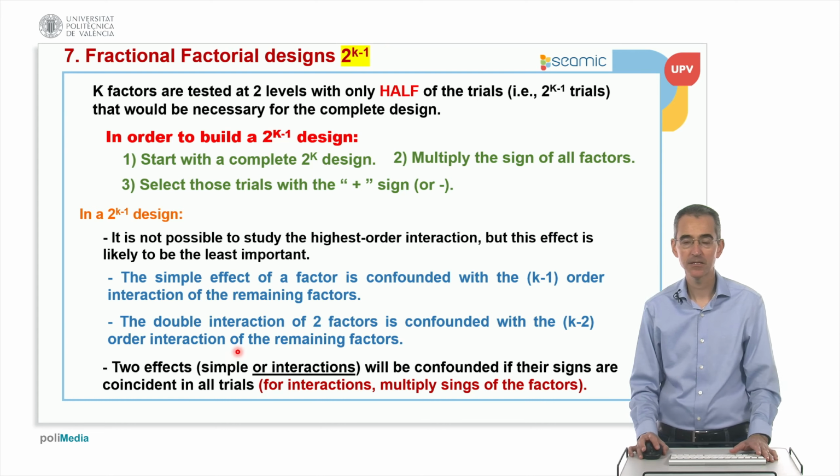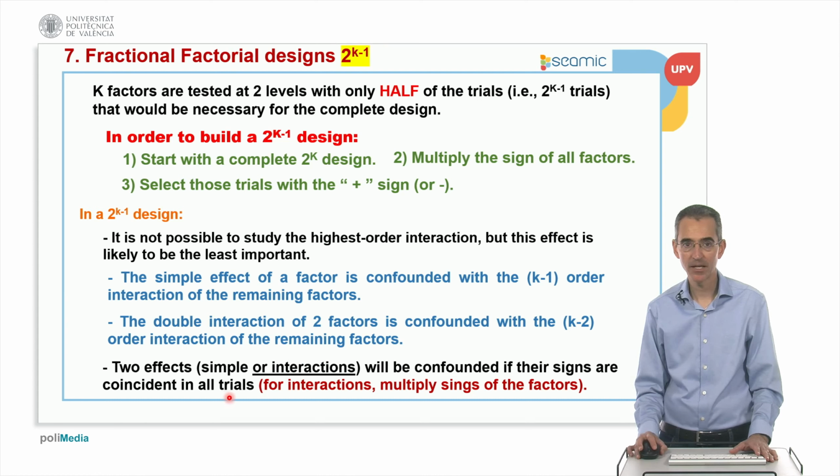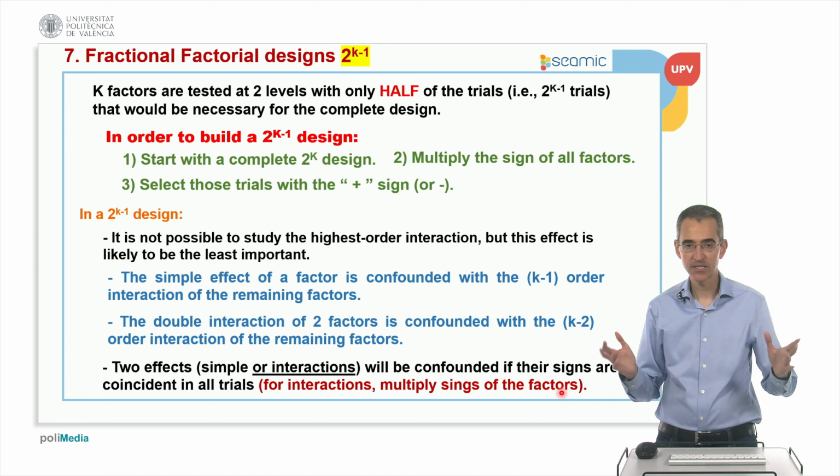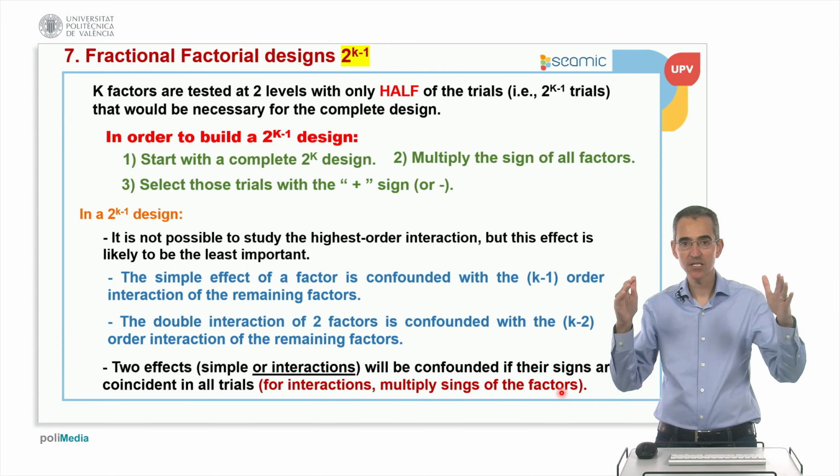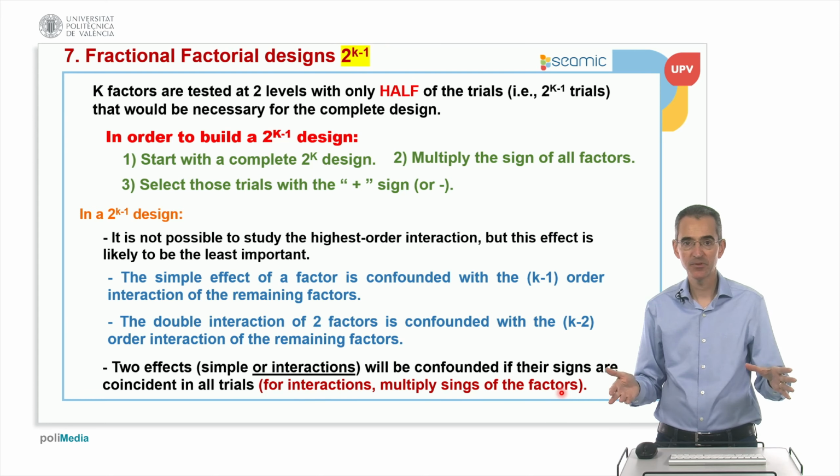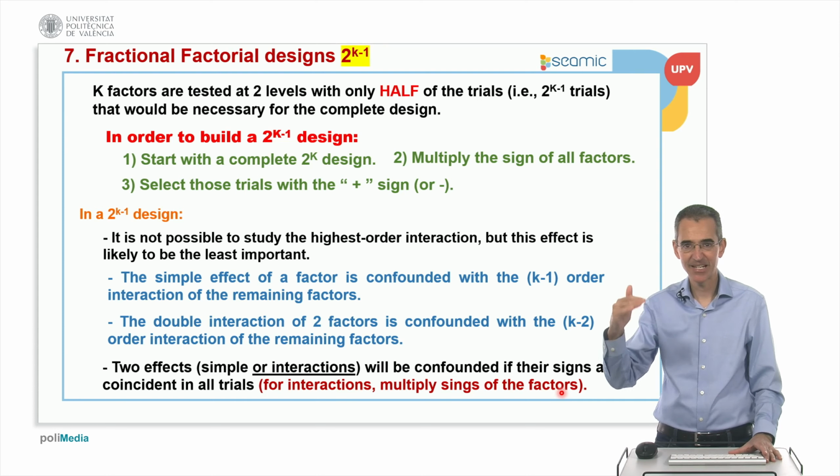Then we have the following properties. Two effects, simple or interactions, will be confounded if their signs are coincident in all the trials. And for the case of interactions, we just have to multiply the signs of the factors. Well, remember that to study if one factor was confounded with a double interaction, or if a double interaction was confounded with another double interaction, there was a procedure that I explained in the previous video, which had several steps.